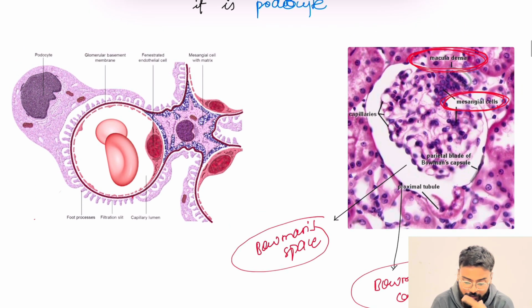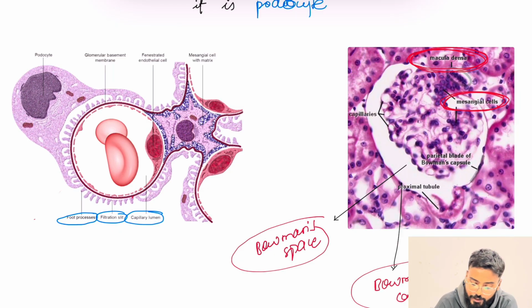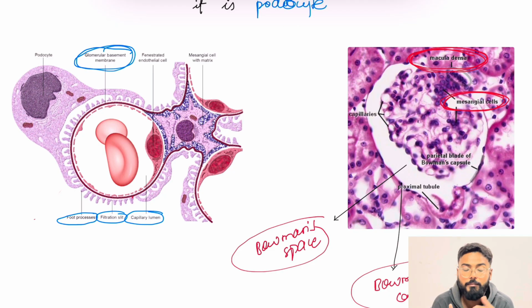Now in this diagram, in this picture, you can appreciate this is the foot process, and the filtration slit is the gap between these foot processes. This is the capillary lumen here, and you can appreciate the basement membrane between endothelium and podocyte, and the fenestrations that are present in the endothelium.